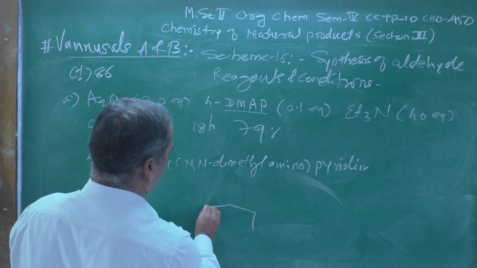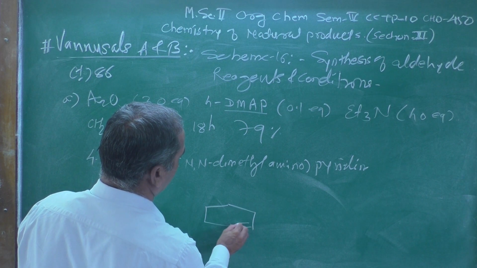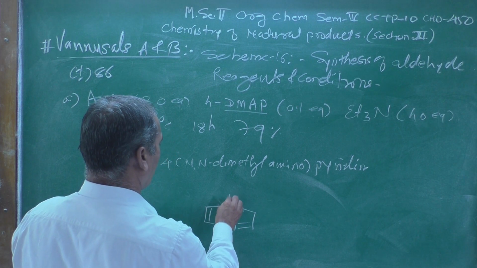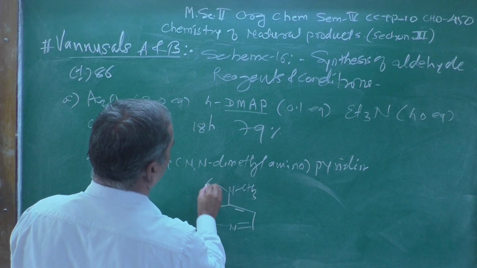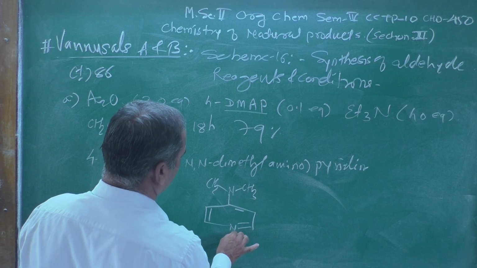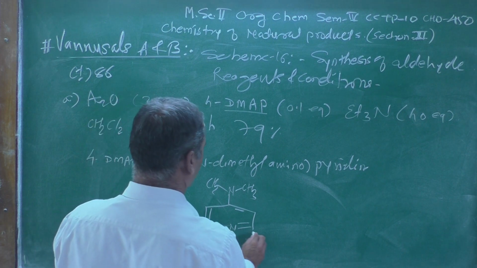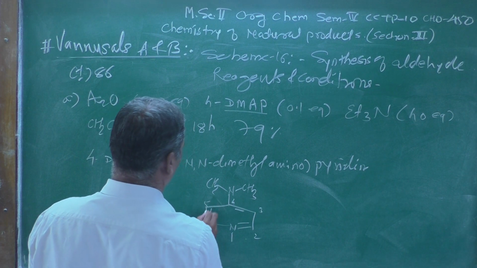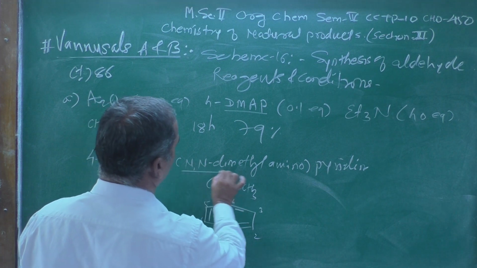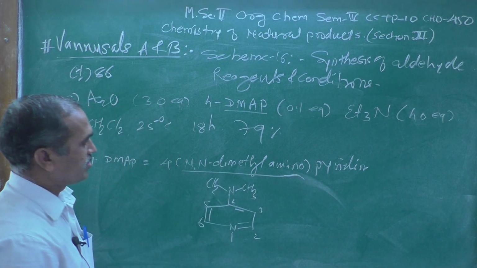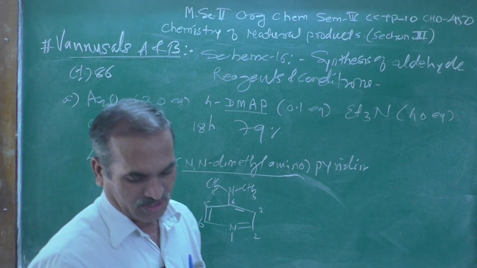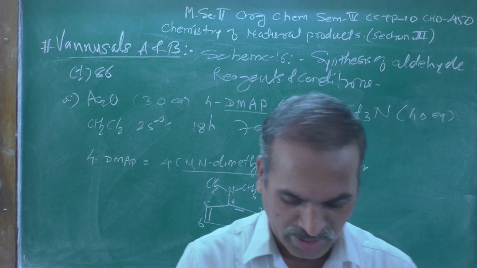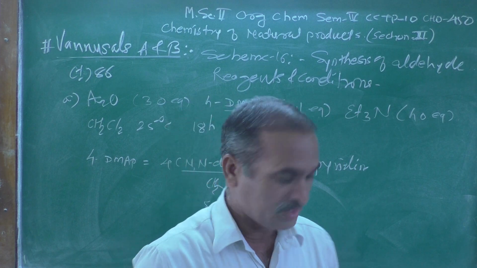The moiety is a pyridine, and if you number it 1, 2, 3, 4, 5 and 6, at the 4 position there will be this N,N-dimethylamino group. So that is the structure of N,N-dimethylaminopyridine, which is used during this transformation.